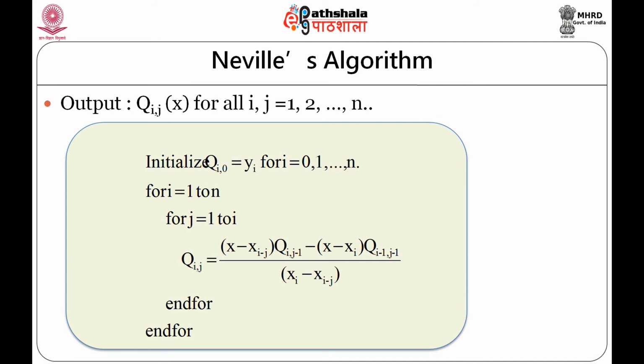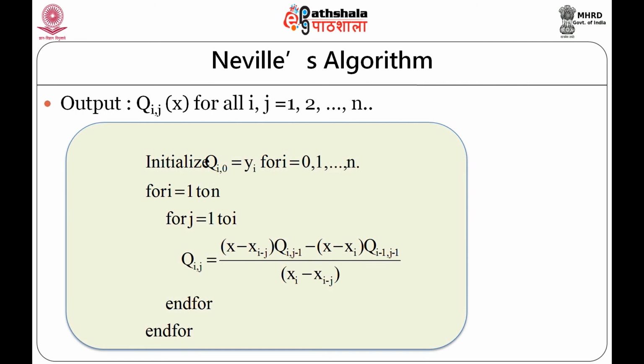So, i equal to 1 to n, and then we have j equal to 1 to i, because then there will be only n minus 1 first degree interpolating polynomials, n minus 2 second degree interpolating polynomials, and n minus n minus 1 will be first degree nth degree interpolating. So, there will be only one interpolating polynomial of degree n. So, we are doing it from 1 to i.